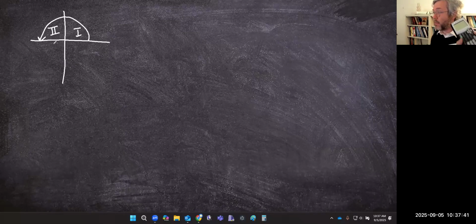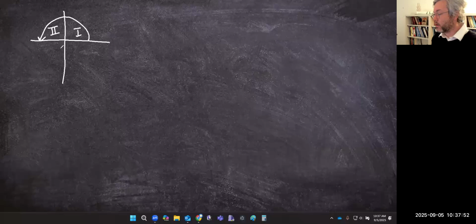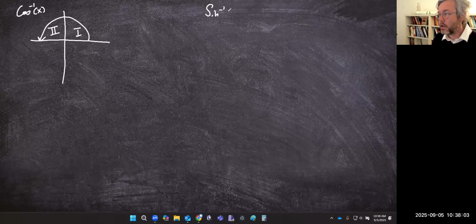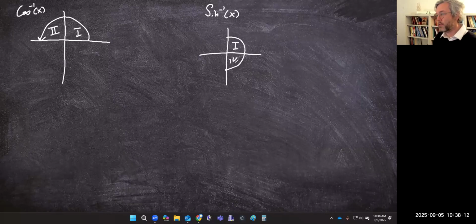It'll give me some angle which happens to have cosine 1/2. It's only going to give me the answers here. It will not give me any answers down here. And there's a few spots where you want that. So inverse cosine is only defined over here, and inverse sine is only defined in regions 1 and 4. It's the only places it's defined.